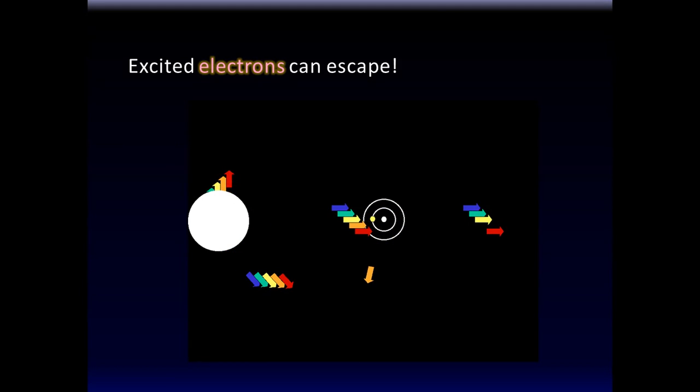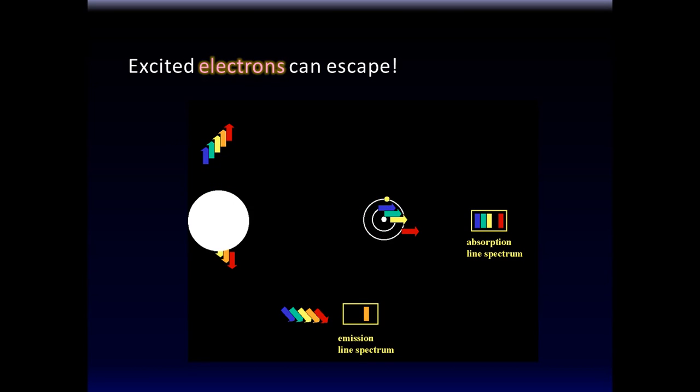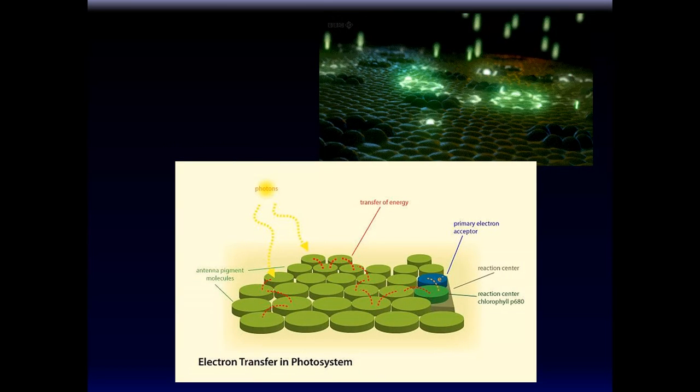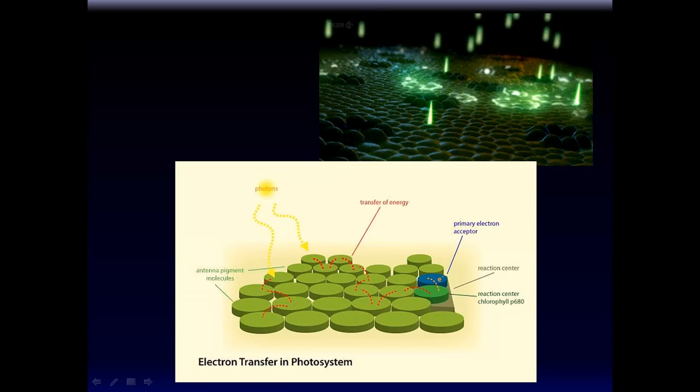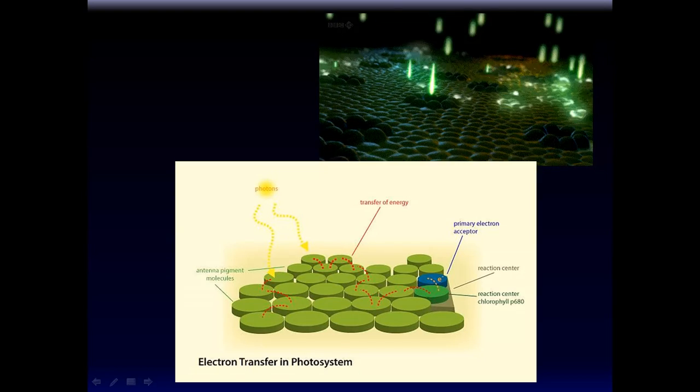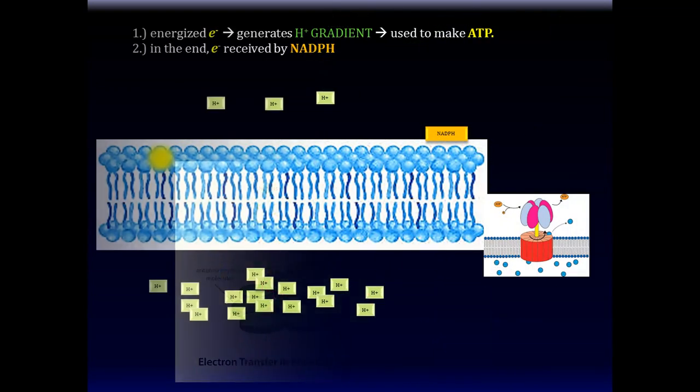If the electron has enough energy, it can just leave the atom. Then when the photon strikes in this area, the electrons start jumping around as high energy electrons, and eventually they come to a primary electron acceptor, which says, here, I'll take care of you, I know exactly what to do with you, and takes the electron.